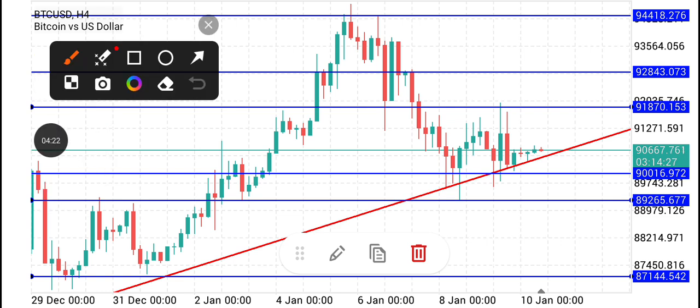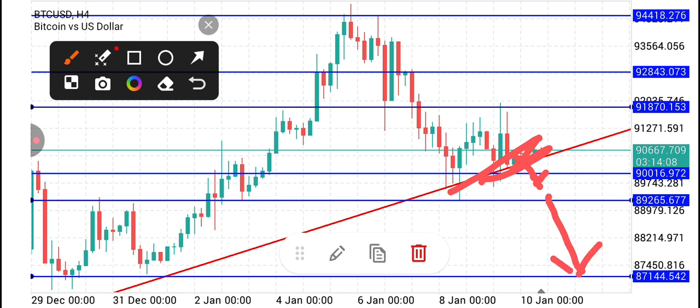We can see that this is the line. For the price to continue selling, it has to drop below this level, which is 90,016.97. When the price drops below that, it will drop down to this particular level of 87, the alternative, which is very difficult.